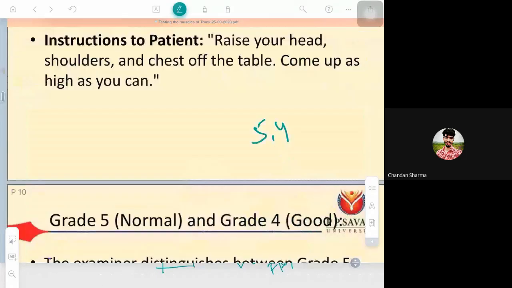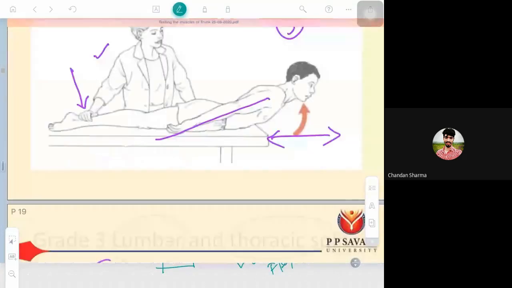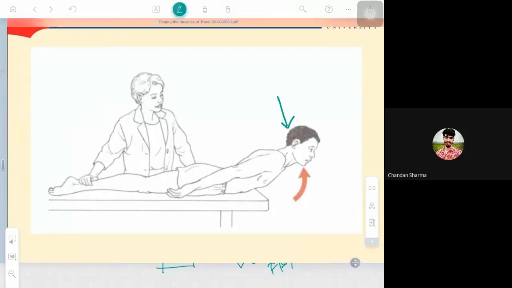Clear? And the other test we studied is 3. For muscle power 3, 2, 1, the hand is not placed behind the head, it is placed by the side. Why? What is the reason?